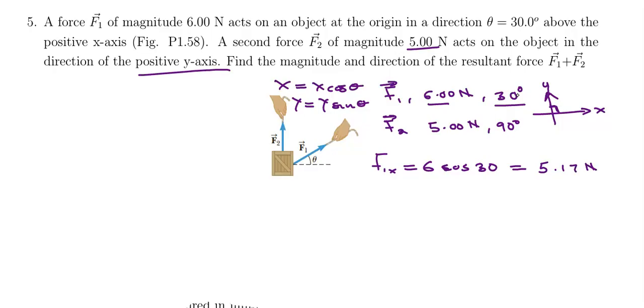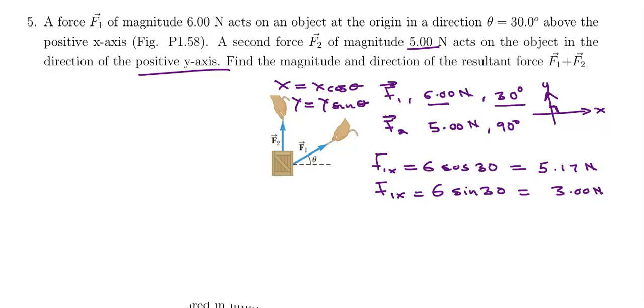Then our F1y will be now 6 sin 30, which I'm sure will actually be 3 because sin 30 is 0.5. So 6 sin 30 is actually 3, like I said, 3.00 Newton.